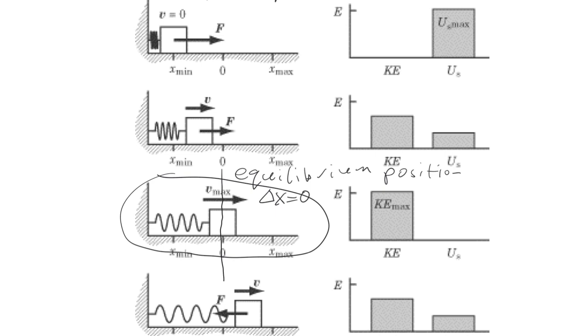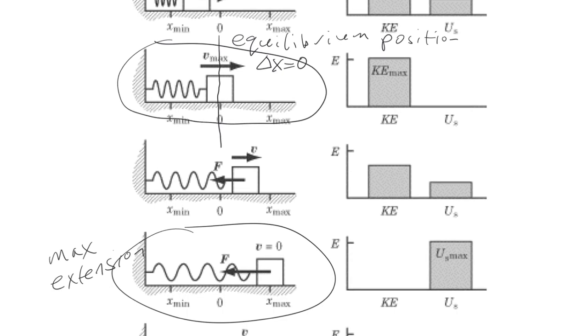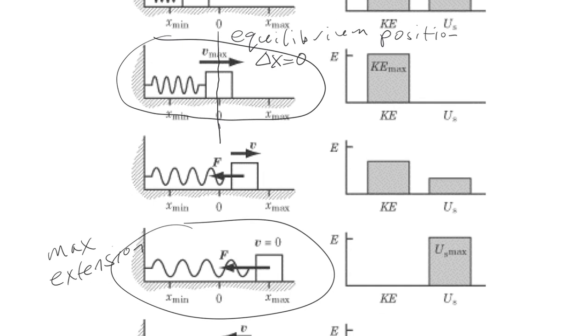The maximum displacement, whether it's compression or extension from the equilibrium position, is called amplitude.